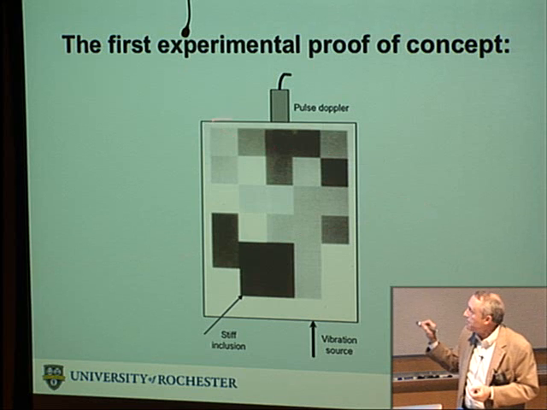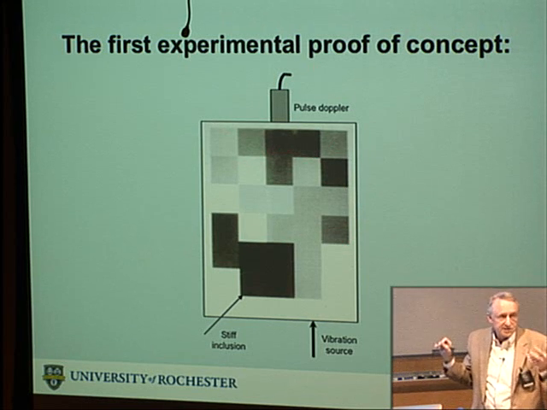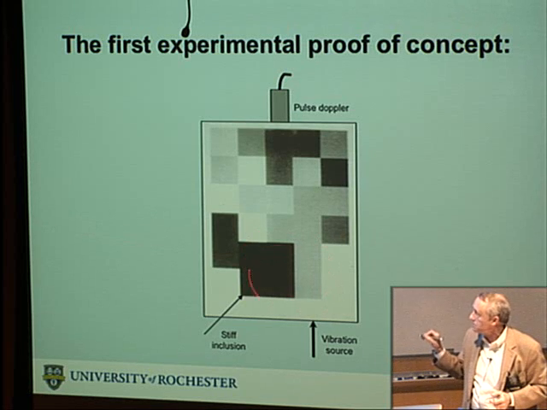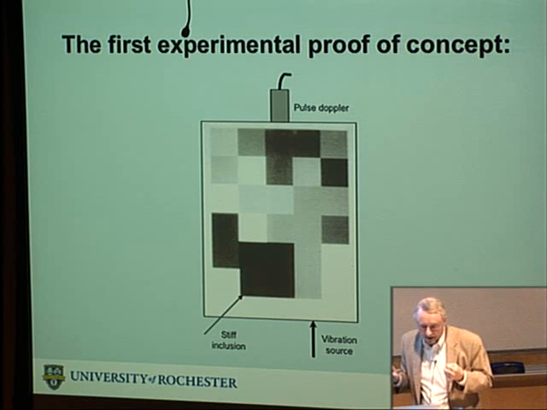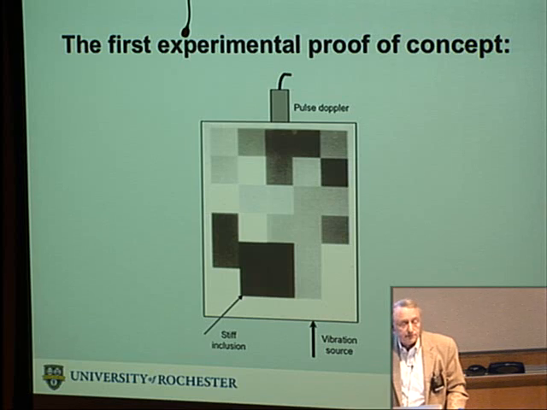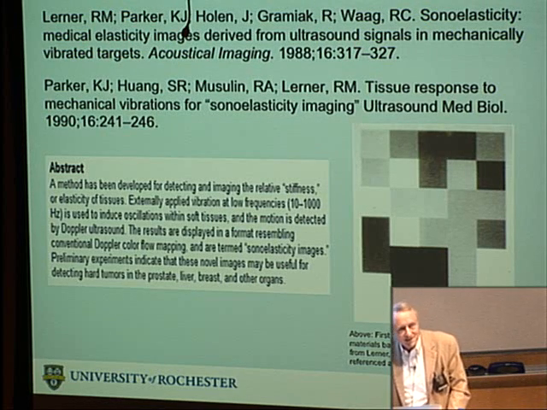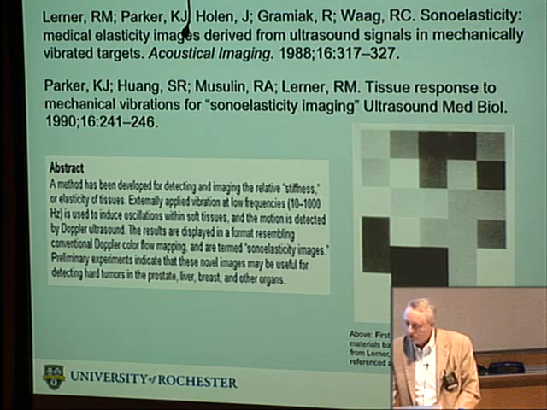And so we can map out in some kind of brightness scale the flow of vibrations through a tissue. If we see a dark spot, that is indicative of a lesion, a hard lesion. Okay? Hard tissues don't move as much as soft tissues. That's all the biomechanics concentrated into a simple thing.